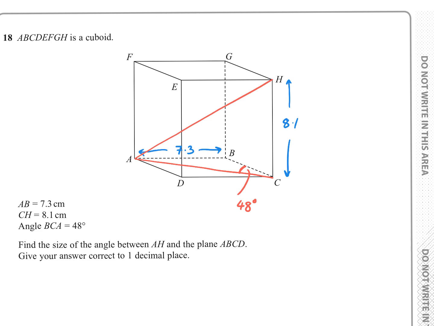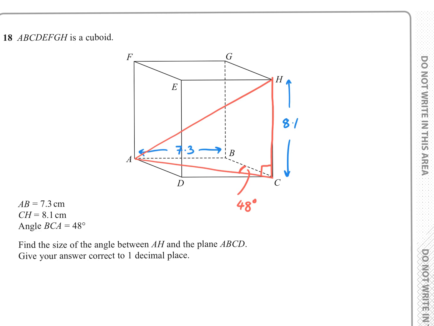So what we can say is that if we look at this triangle here, we know that this is a right angle because this length here is perpendicular to the plane ABCD, which is the flat base, okay? So it's perpendicular to that, so that's definitely a right angle.